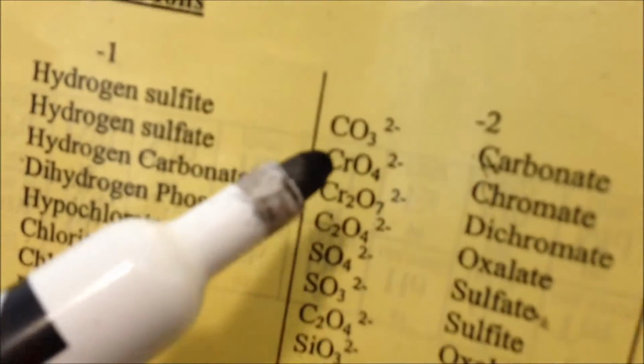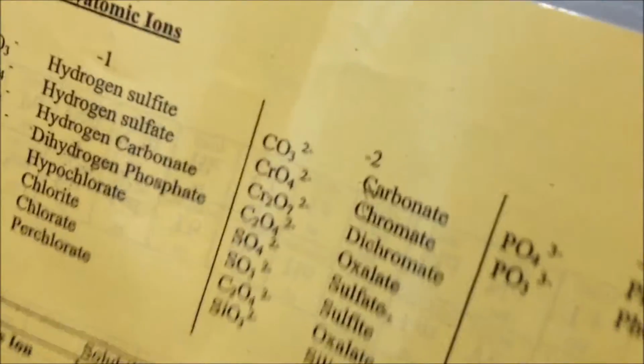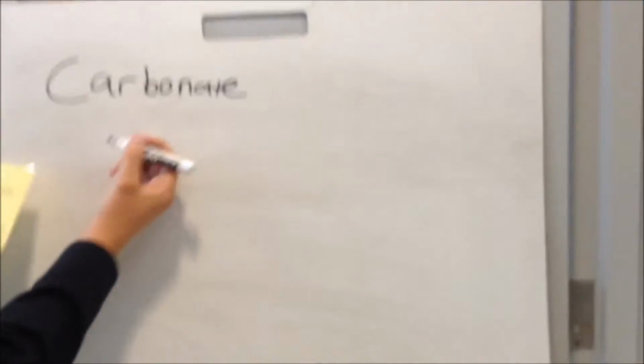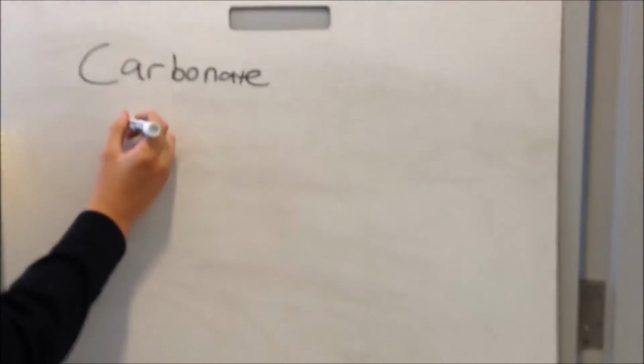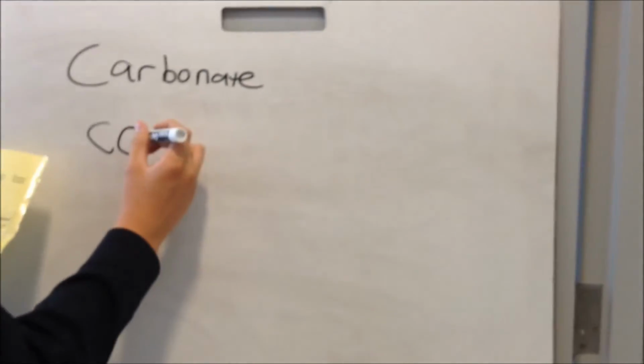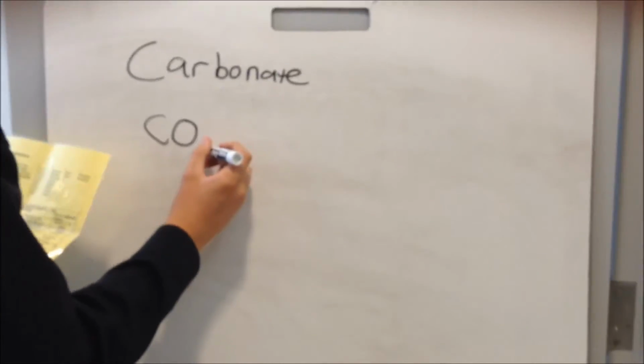So the symbol for this one, as you can see here, is CO3. The -2 is just the charge, so it doesn't really matter. So you write that down: capital C, capital O, and then a 3.